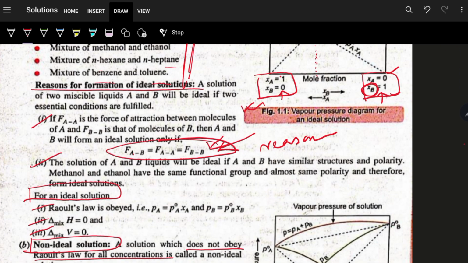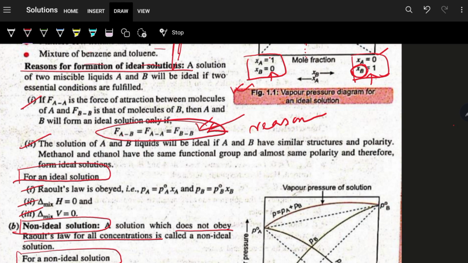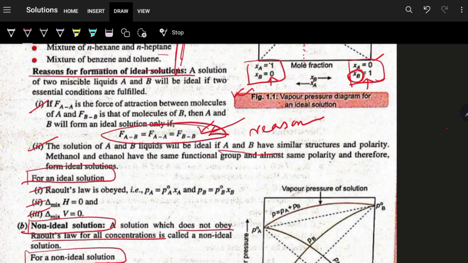Now, reason for ideality, I have told you the first reason. The solution of A and B liquids will be ideal if A and B have similar structure and polarity. If they have similar structure and polarity, then only the interactions will be similar. And that is the main reason.